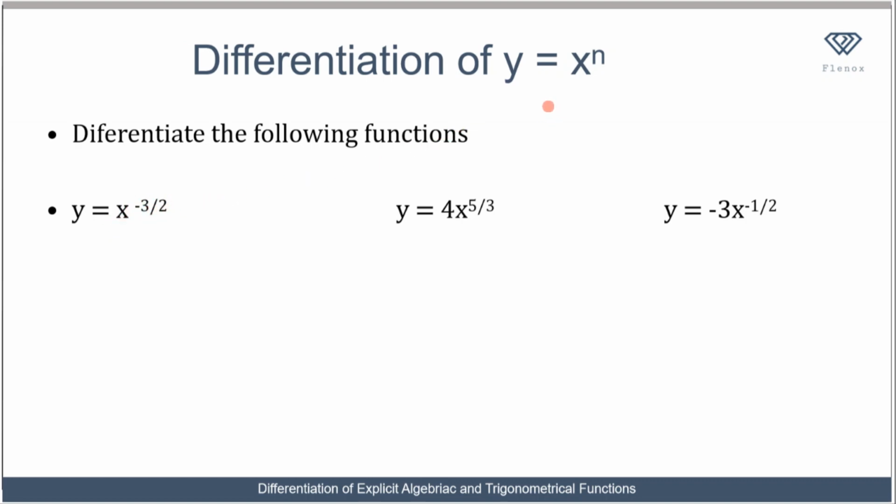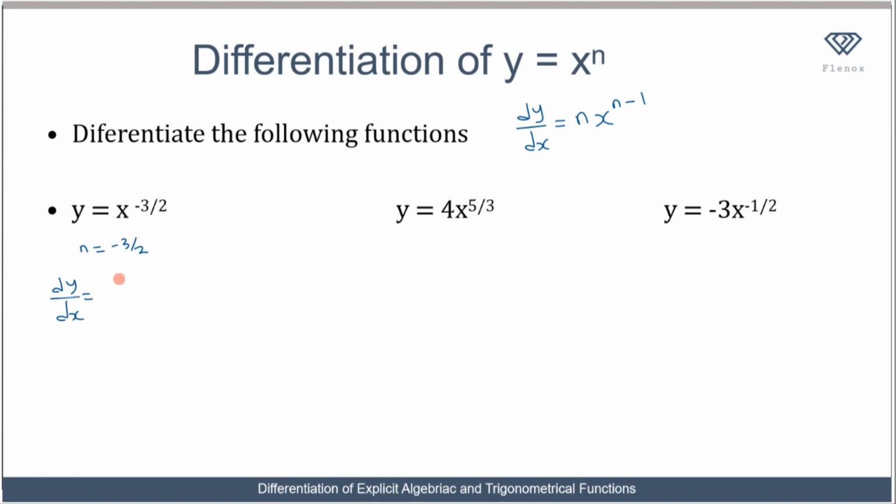And to recap, I'm going to write out the formula again. When y is equal to x to the power n, dy over dx is given as nx raised to the power n minus 1. So in this case, my n is equal to what? My power is minus 3 over 2. So my dy over dx becomes what?